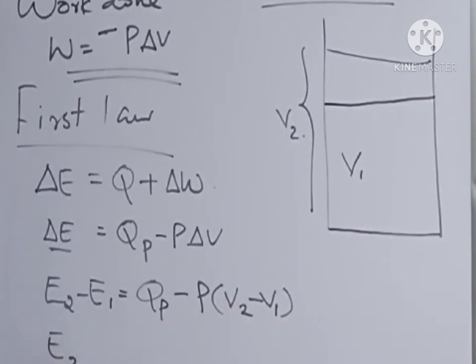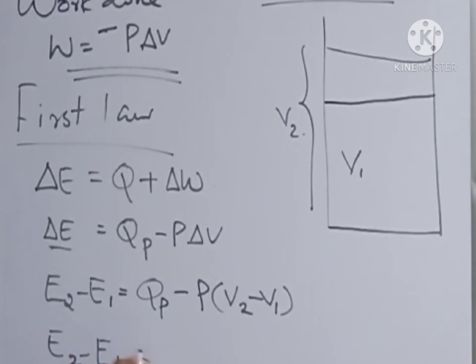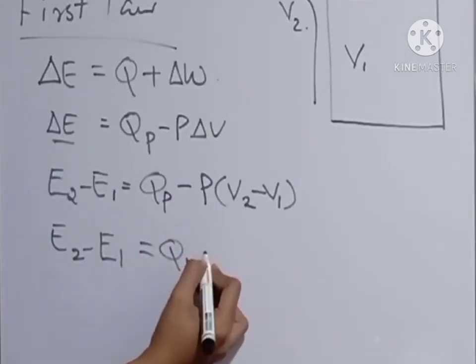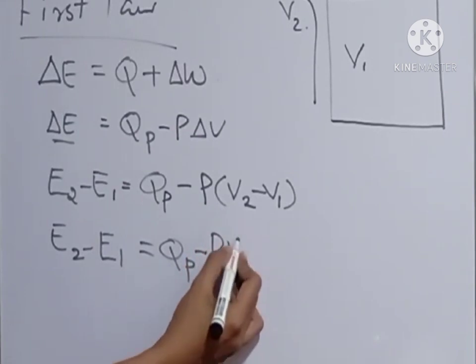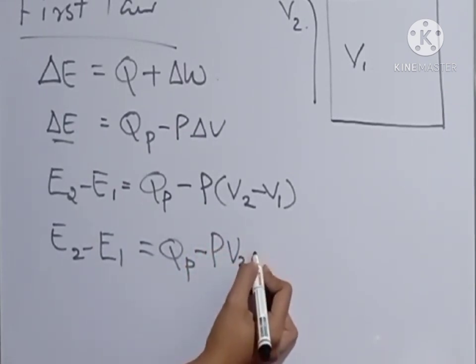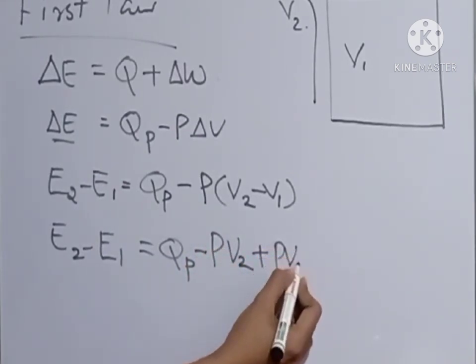That is E2 minus E1 equals Qp minus PV2 plus PV1.